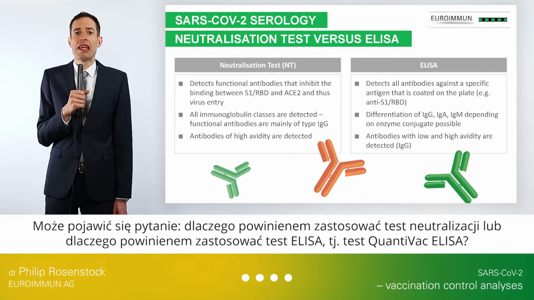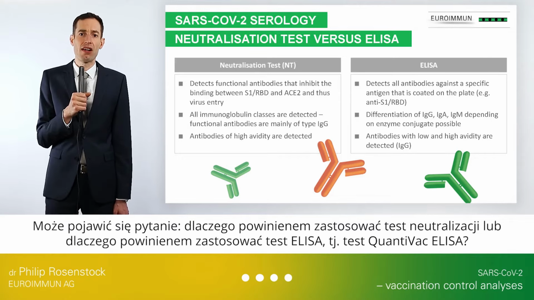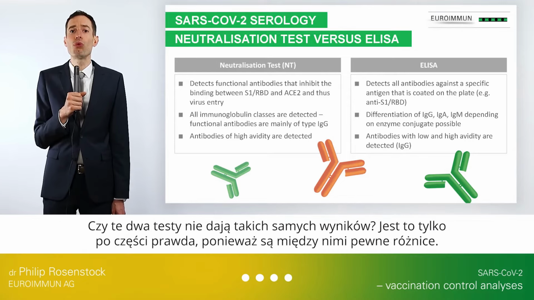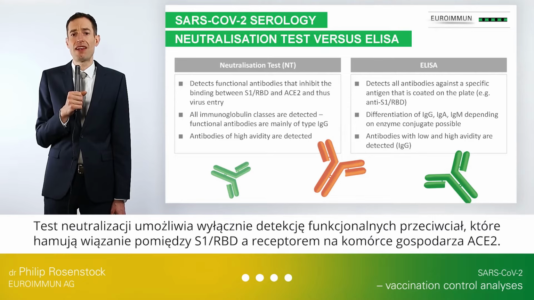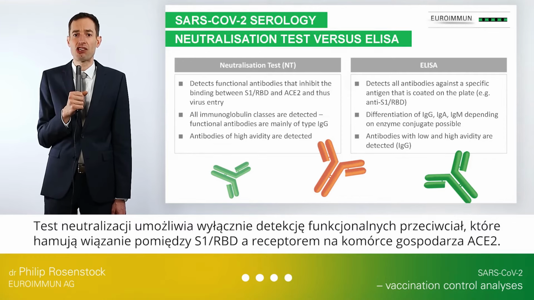So if you ask yourself, why should I use a neutralization test, or why should I use an ELISA like our Quantivac ELISA? Aren't these two assays giving the same results? This is true only in parts, because there are some different characteristics behind. The neutralization assay detects just functional antibodies, only those that prevent RBD-ACE2 interaction.